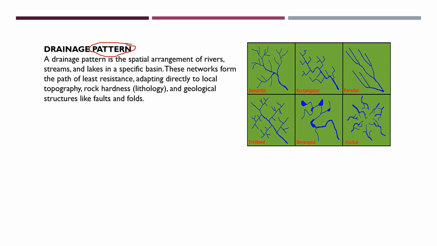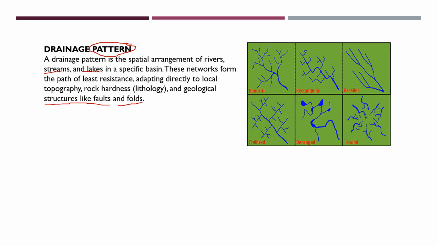A drainage pattern is a spatial arrangement of rivers, streams, and lakes in a specific basin. These networks form the path of least resistance, adapting directly to local topography, rock hardness, and geological structure like fault and fold.